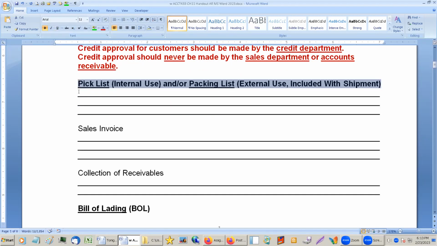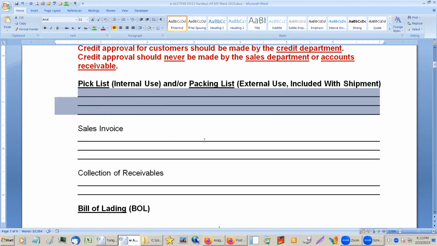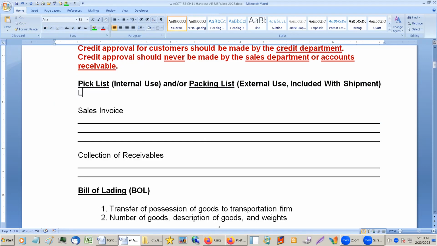Okay, pick list and or packing list. A list for operational employees to complete the order.